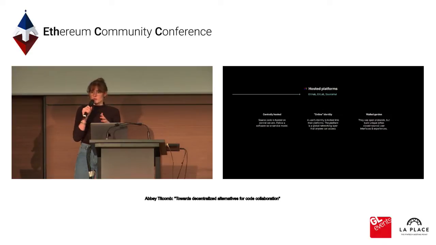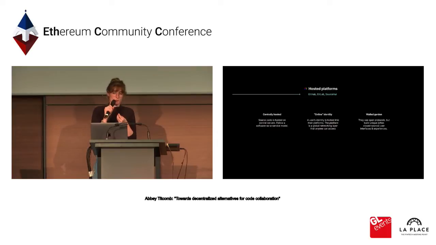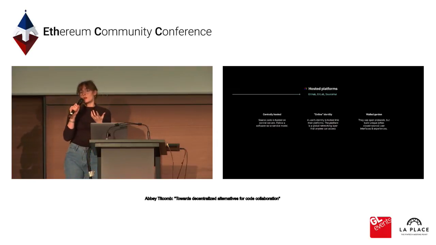The source code that you're working on and these copies that you're sharing and networking are actually networked on central servers and central repositories. They often follow a software as a service model. And so the identity isn't an email address, but an online identity. Your identity is locked into these platforms, but it takes on a whole new concept of what connections and what data are associated with that identity.